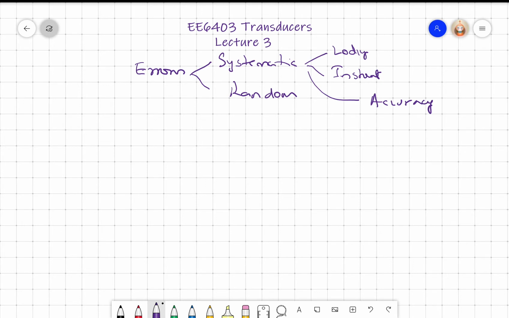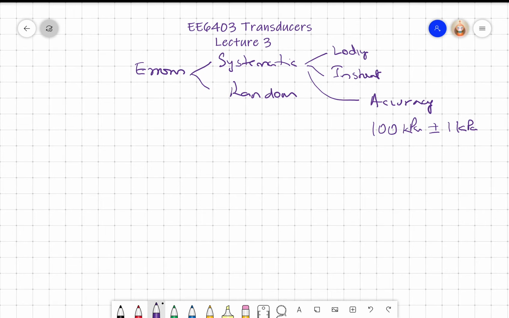So I say I have a measurement of 100 Pascal. Let's say 100 Pascal is too small. 100 kilopascal, the error could be plus or minus 1% or 1 kilopascal, right? So this is the error.